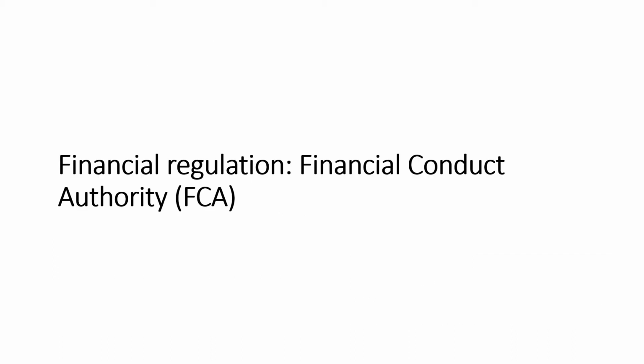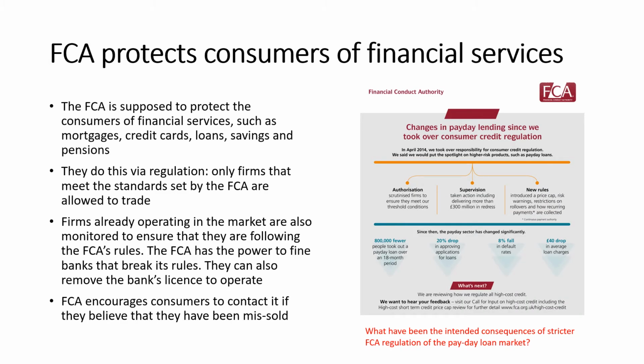So in the UK, the British financial system is regulated by the Financial Conduct Authority, the FCA. And the role of the FCA is to protect consumers of financial services. So the FCA is supposed to protect consumers of financial services such as mortgages, credit cards, loans, savings and pensions.